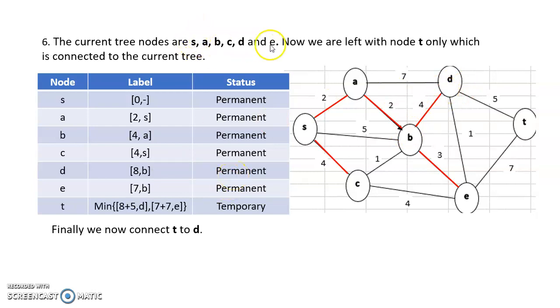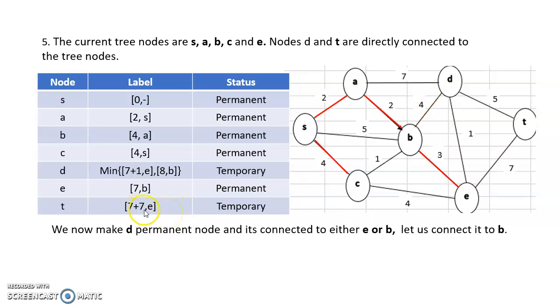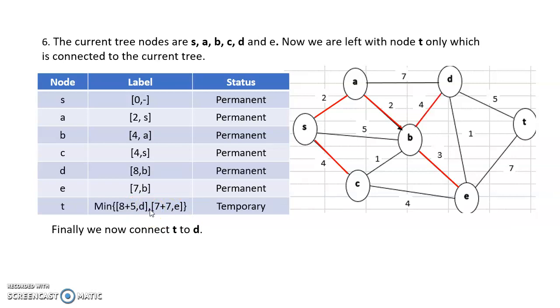So all the nodes of the network except for this one become tree nodes, and this is the non-tree node, which has direct connections to the tree nodes. This is the only temporary node of the network, and the level for this will be 14 from E. If you connect from D, it will be 8 plus 5.